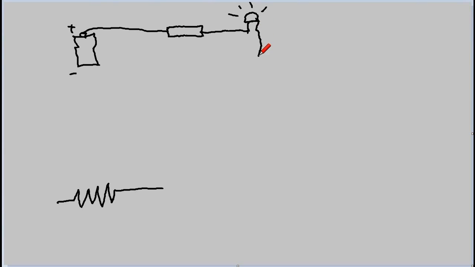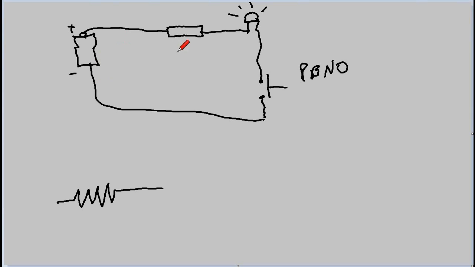And let's bring this down here. This is going to be a switch called a push button normally open, which means if you're not pressing on it, this circuit is open. A closed circuit is when you touch this. And then we bring this back to the negative side.